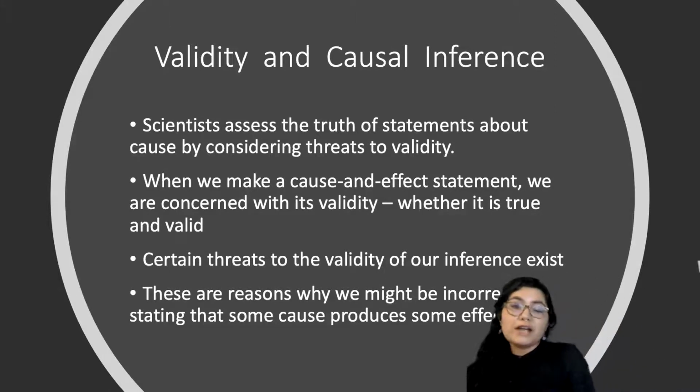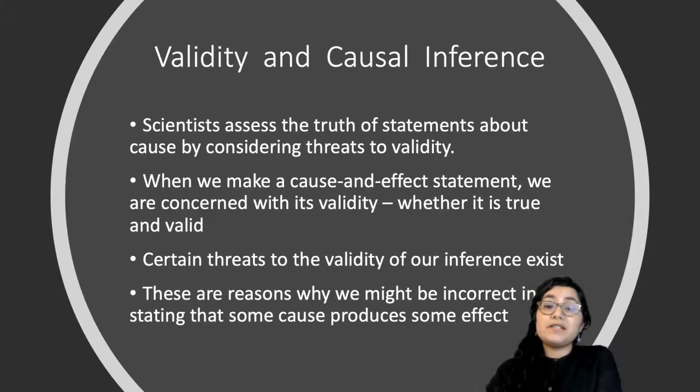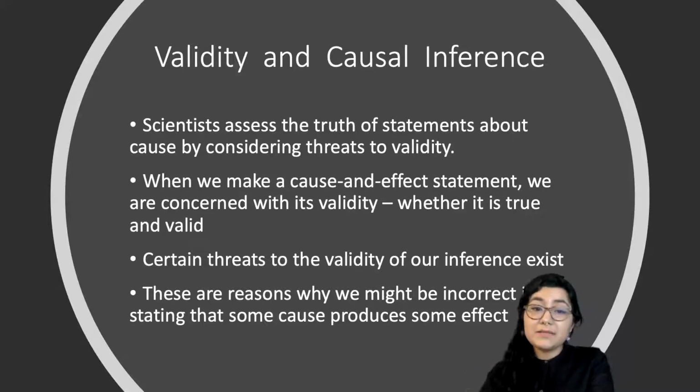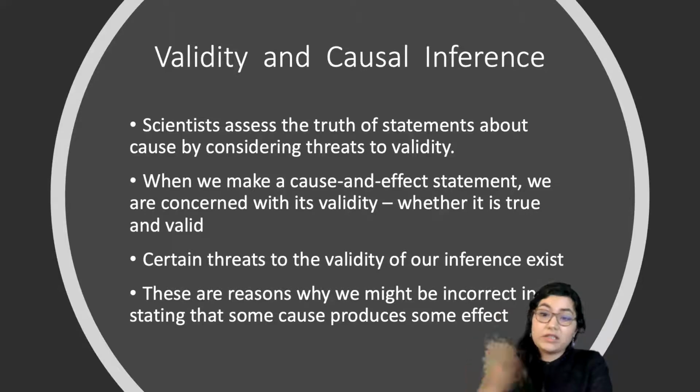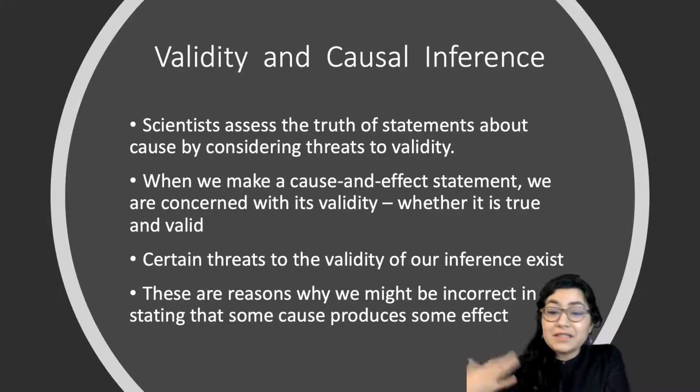So like I said, prior validity allows us to assess the truth of statements by considering threats to validity. When we're saying a cause and effect, X causes Y, we want to ensure that is actually true, that we're not spewing something that's not true.